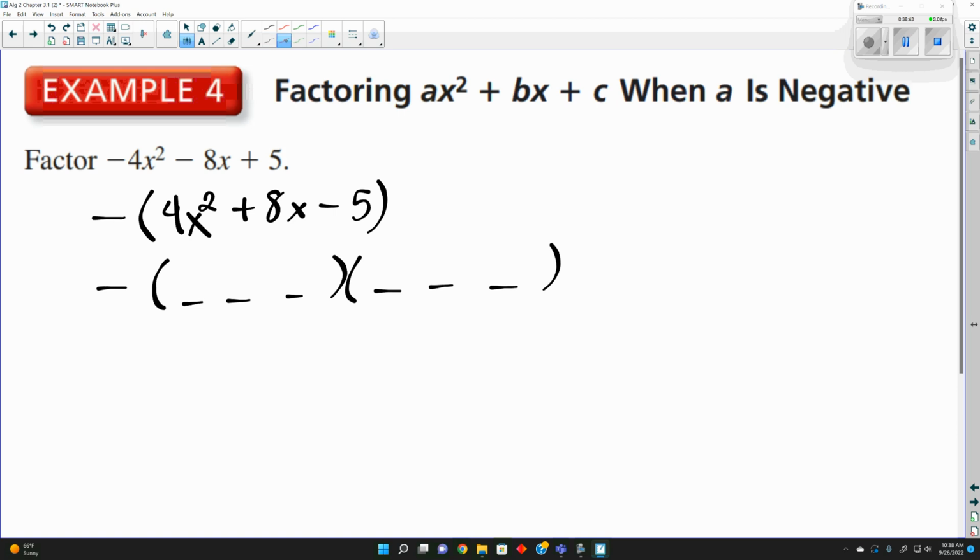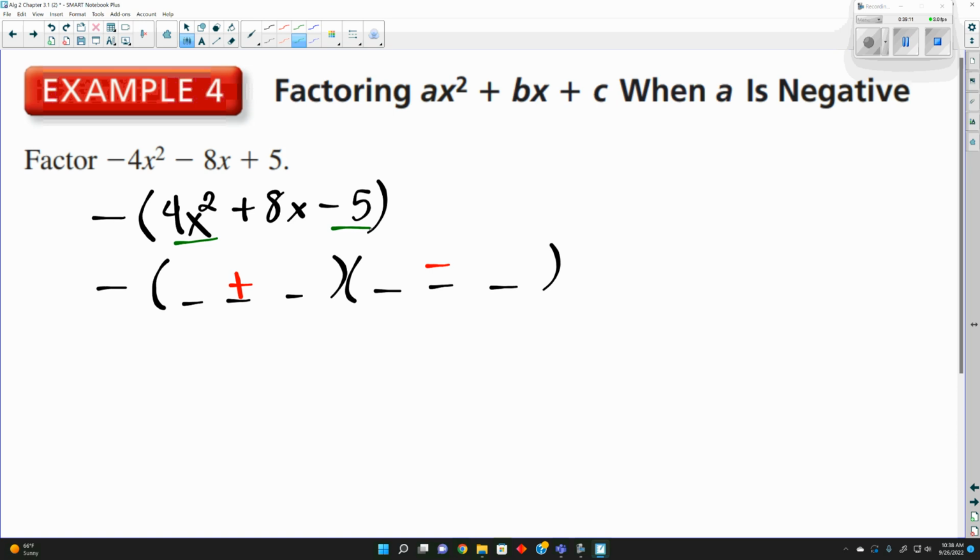So we'll find the signs first. If the third term is positive, the signs are the same and they match the sign of the middle term. If the third term is negative, the signs are opposite. Well, here the 5 is negative, so our signs are opposite. Now we're finding the factors of the first and third terms.